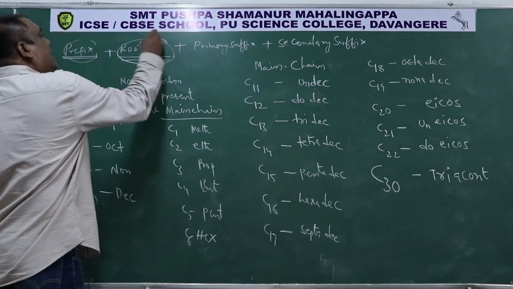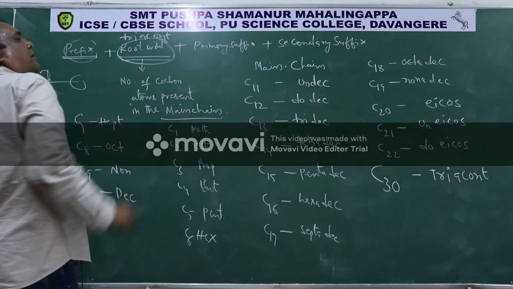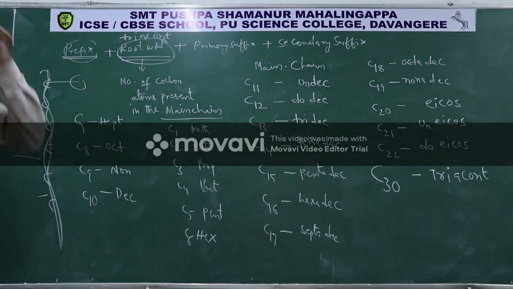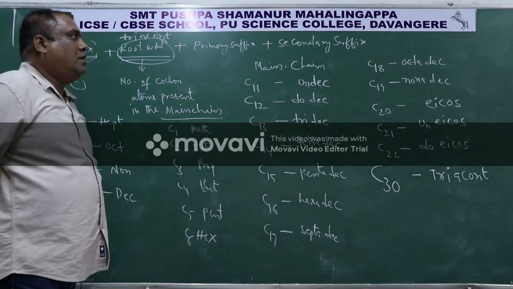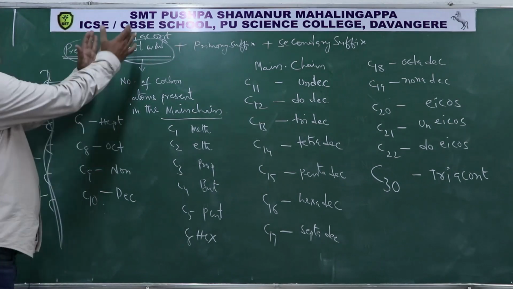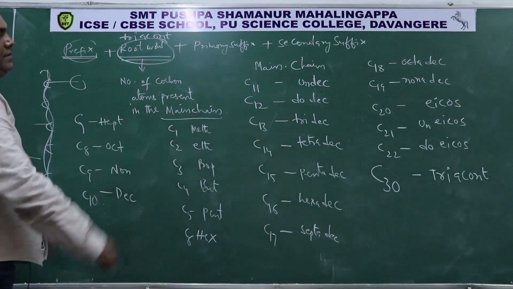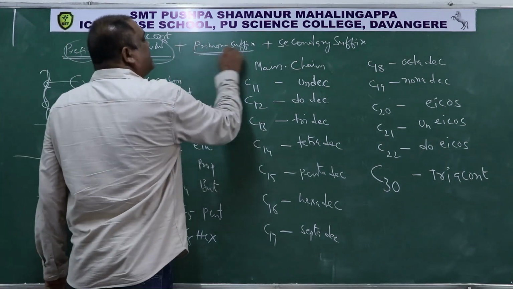Root word here we write as triacont, if the main chain has 30 carbon atoms in it. Okay, so like that, prefix we know, root word we have to know like this. After knowing the root word, then we have to know what is primary suffix now.